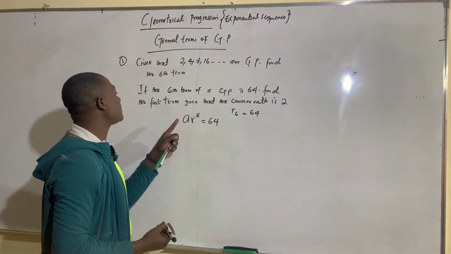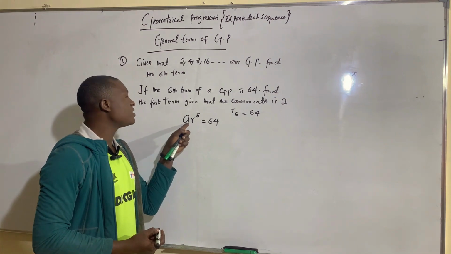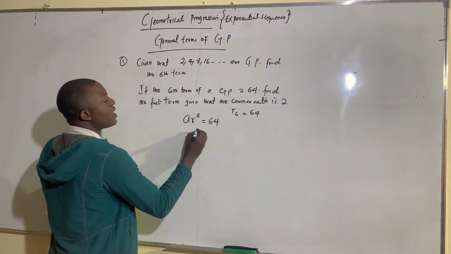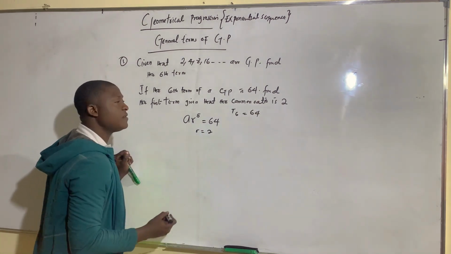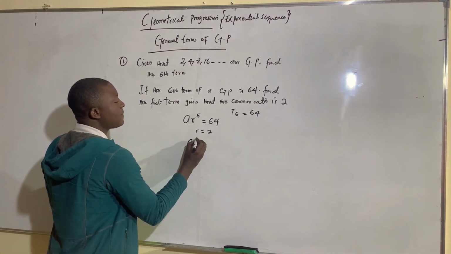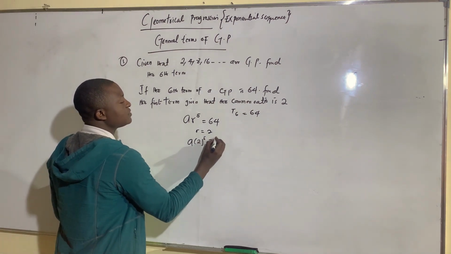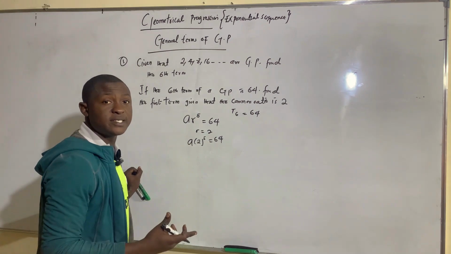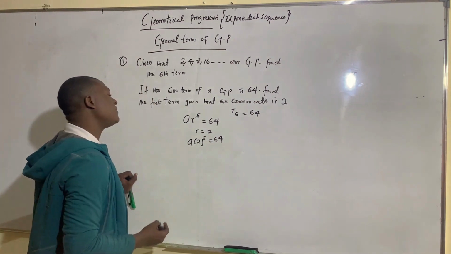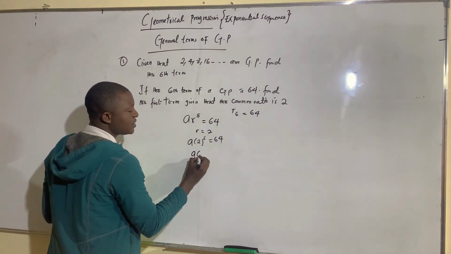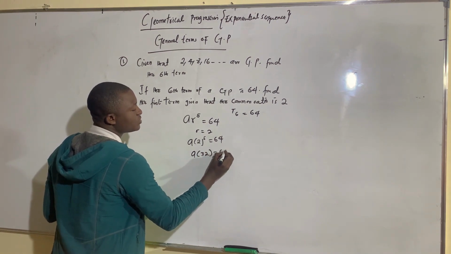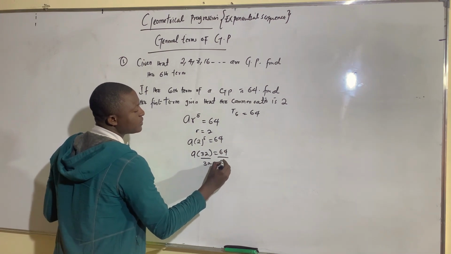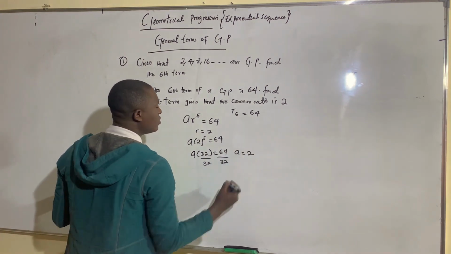Now, they say find the first term, given that the common ratio is 2. So if our R is equal to 2, I can have A times 2 raised to the power of 5 is equal to 64. 2 raised to the power of 5 simply means you multiply 2 five times, and we have done that already. This is the same thing as 32A equal to 64. Since I'm looking for A, I divide by 32, so A is equal to 2.